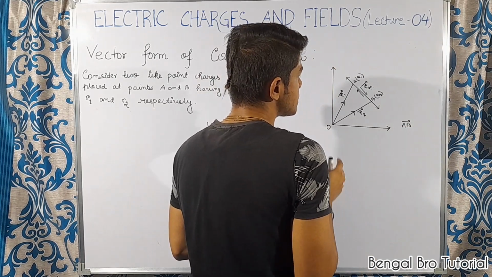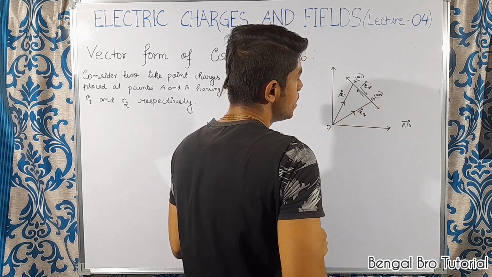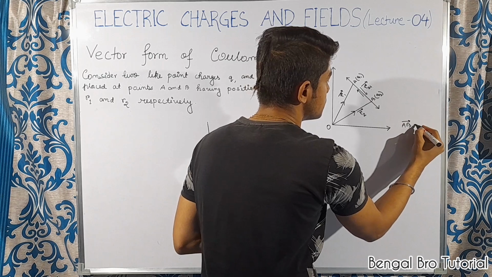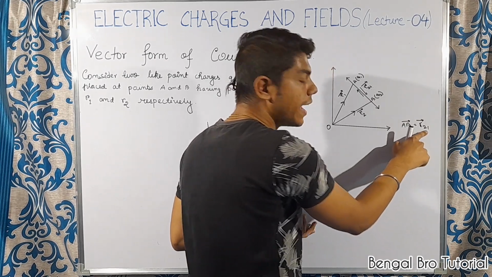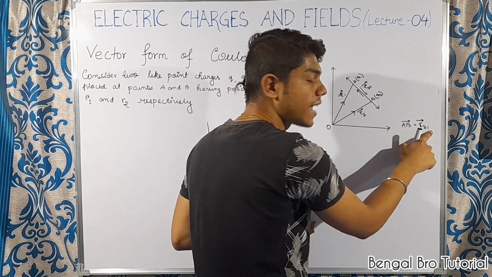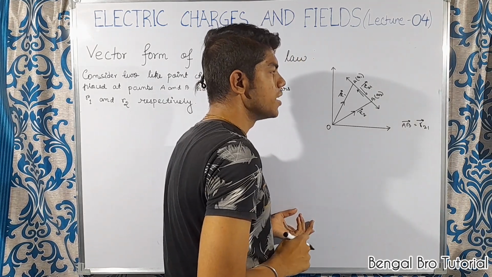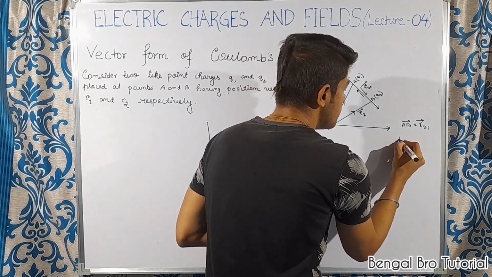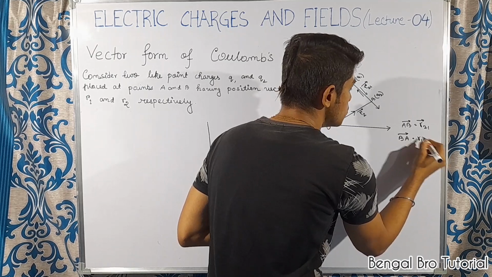See, AB vector is starting from charge q1 and ending in charge q2. Here the first digit is representing the end point of the vector and the second digit is representing the starting point of the vector. Similarly, BA vector can be represented as r12.